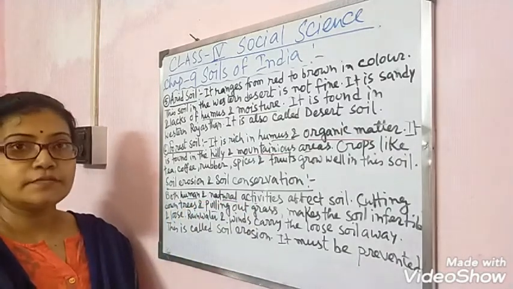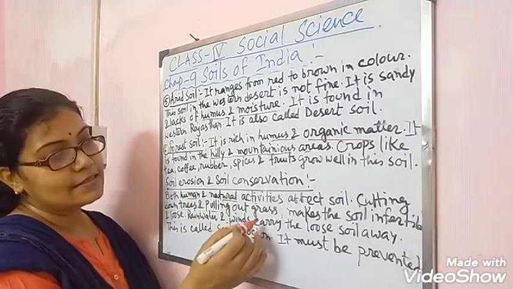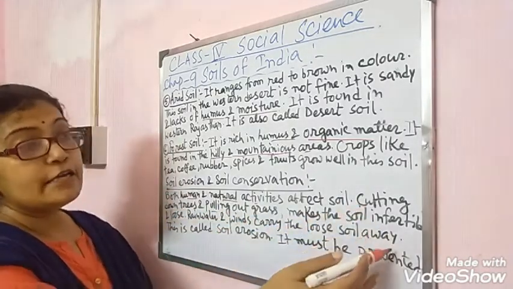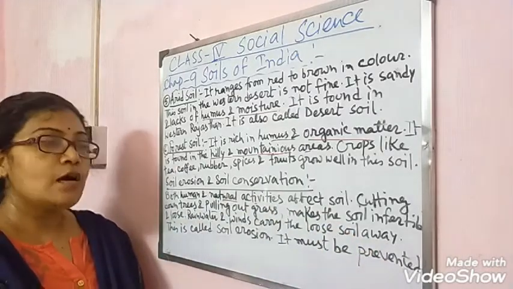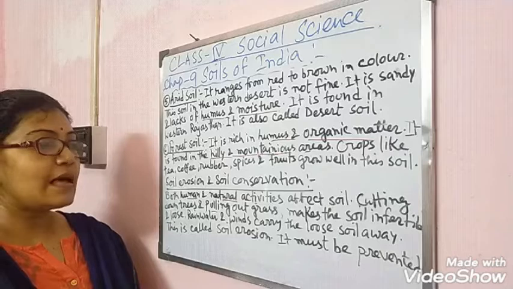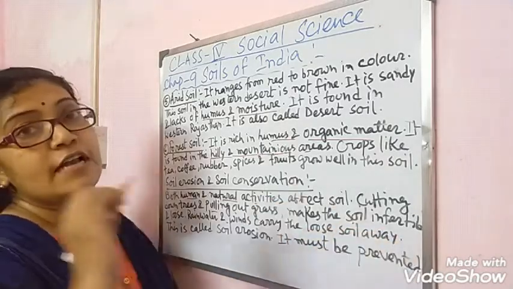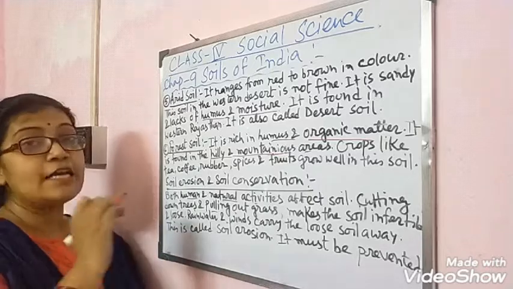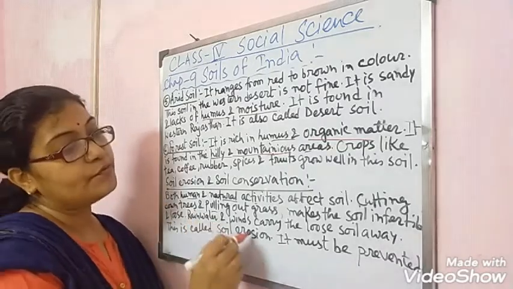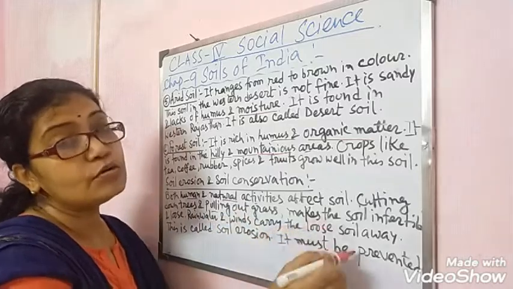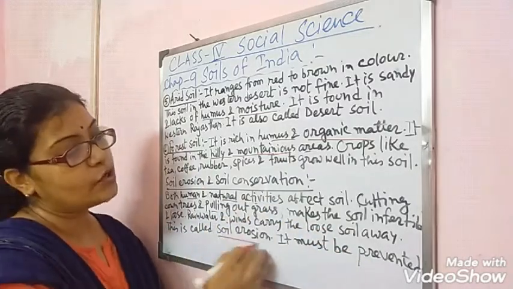Cutting down trees and pulling out grass makes the soil infertile and loose. Sometimes rainwater and strong winds carry the loose soil away. This is called soil erosion.